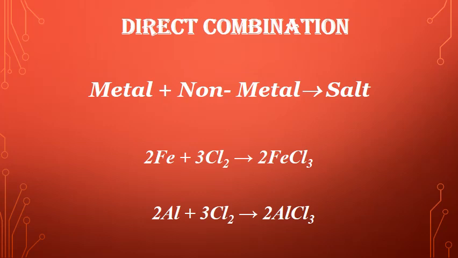If it does not react with strong oxidizing agents, like when iron reacts with dilute acids like hydrochloric acid or sulfuric acid, you always end up with the ferrous salt. So as per your syllabus, this is very clear. Whenever there is a strong oxidizing agent and iron reacting with it, it's ferric.